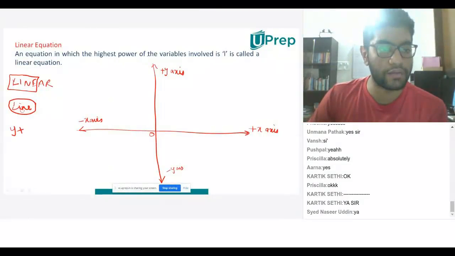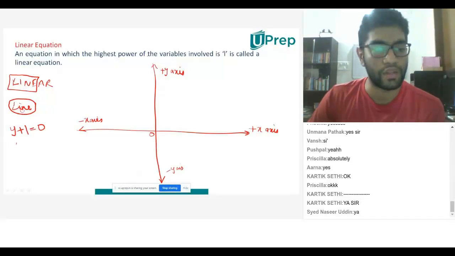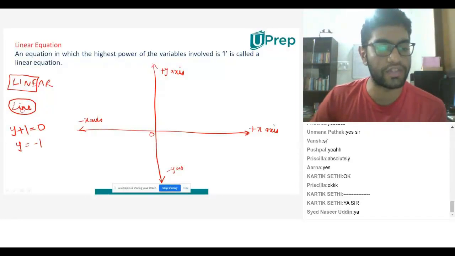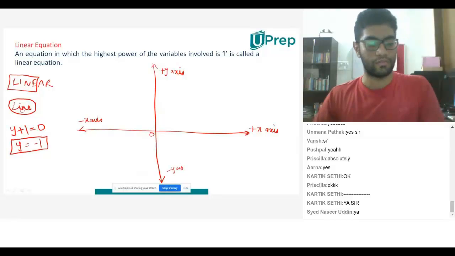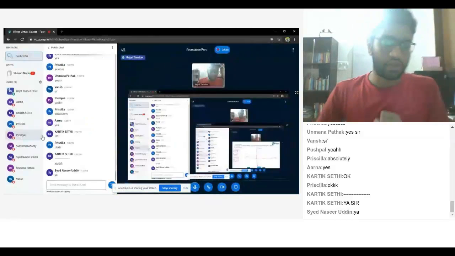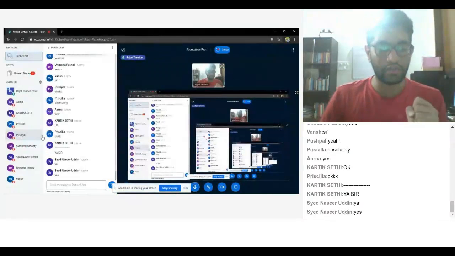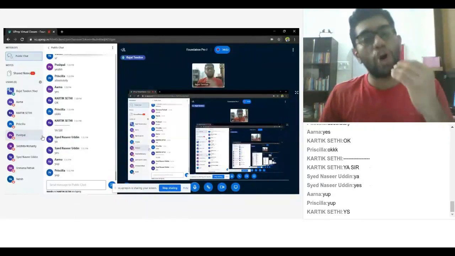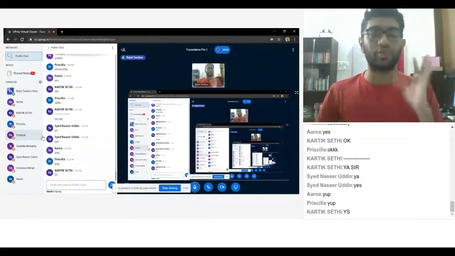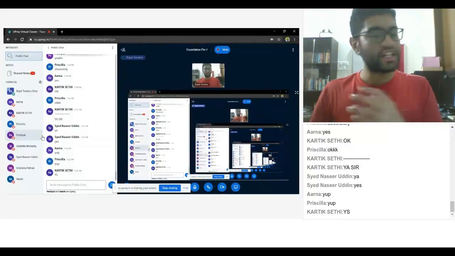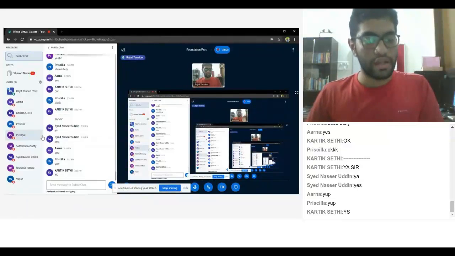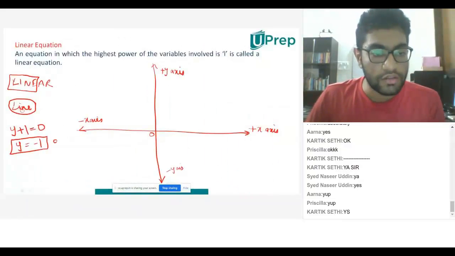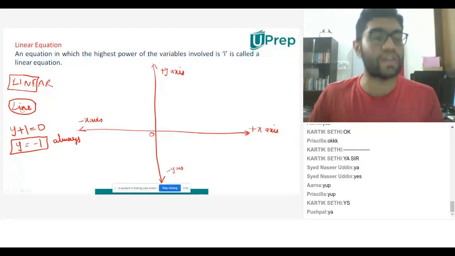Y plus 1 equal to 0, so y equal to -1. Is this clear? Listen carefully. What I mean is y is always equal to -1. It is not going to change.